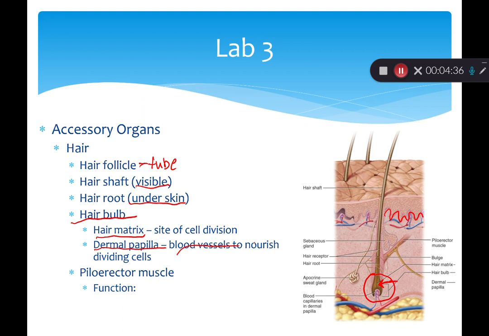Now we do have a little muscle here, right there, called the piloerector muscle. Pilo means hair, erector means to stand up. These muscles give you goosebumps. They make your hair stand on end when you're scared or when you're cold.